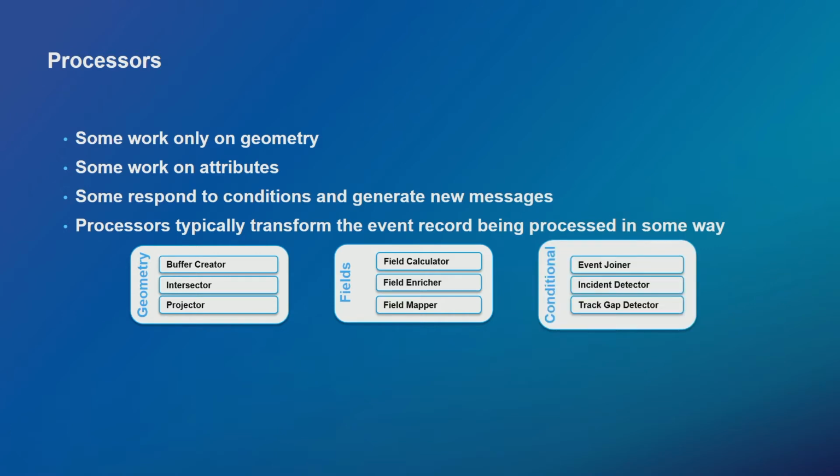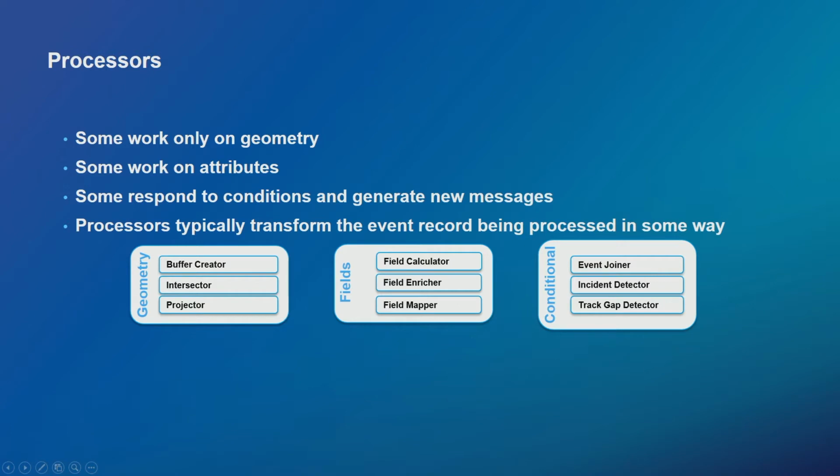And then the final set of processors are going to look at the conditions associated with an event as it's going through. So event joiner, the incident detector, track gap detector, these typically are looking at data that's got some sort of statefulness to it, and they look for the conditions to change. So entering a geofence or exiting a location or something like that.